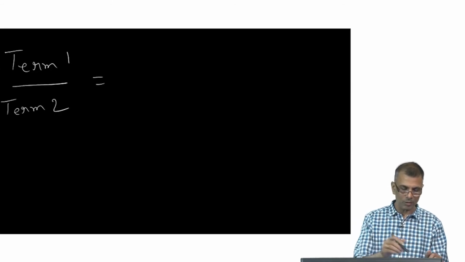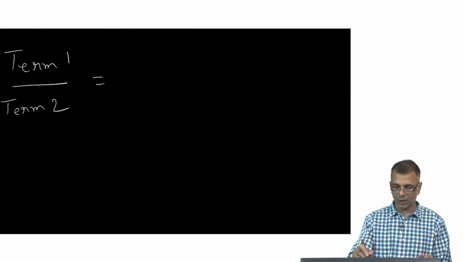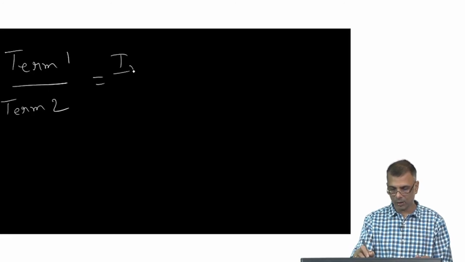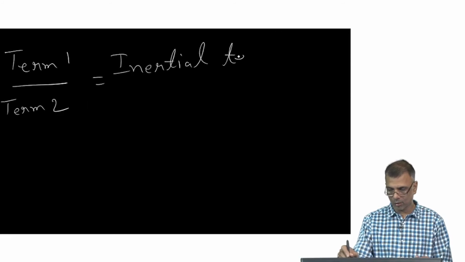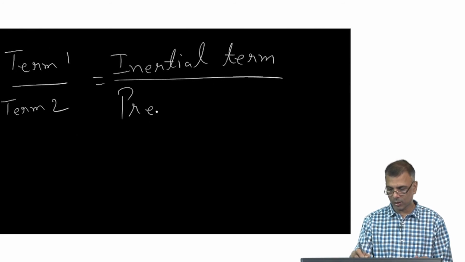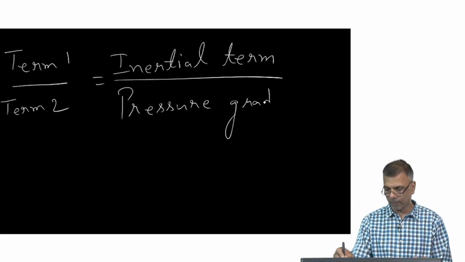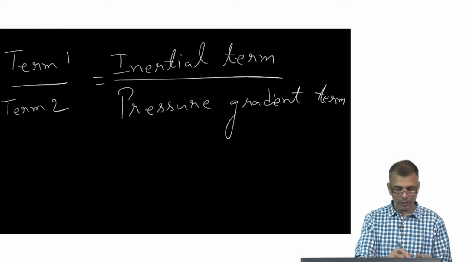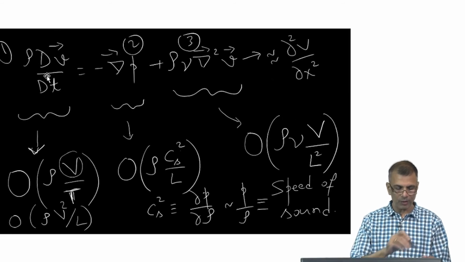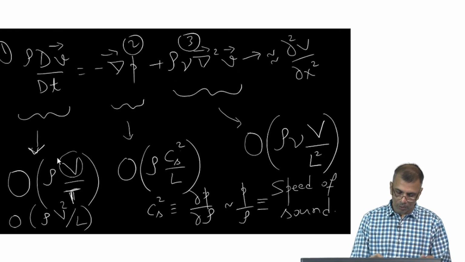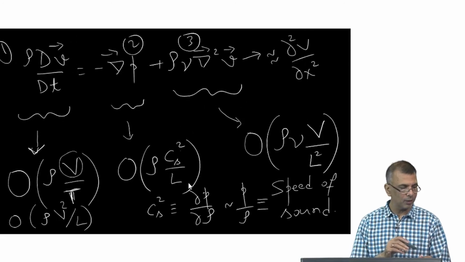So I would say the ratio of the inertial term to the pressure gradient term. That would be some rho v squared over L divided by rho Cs squared over L.